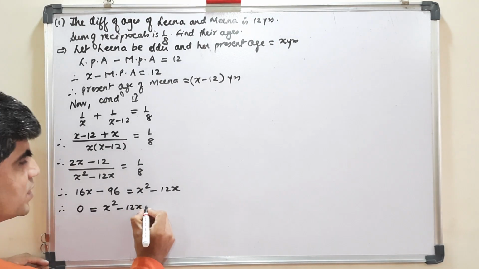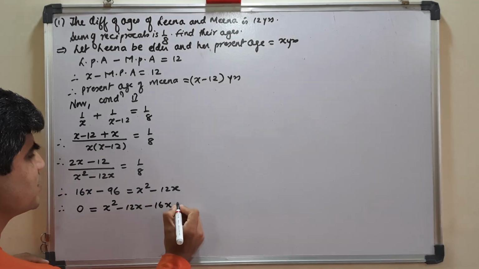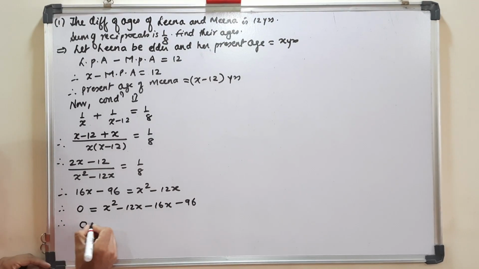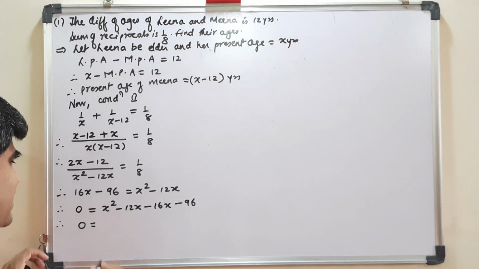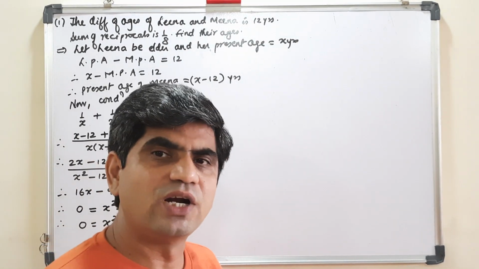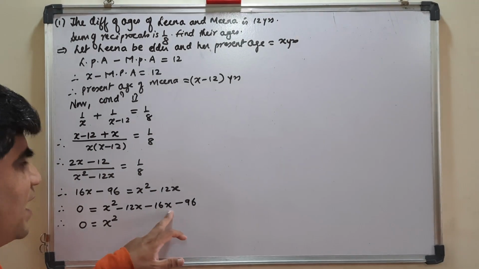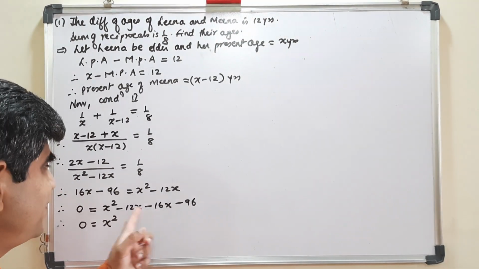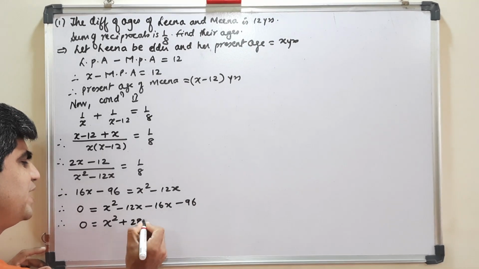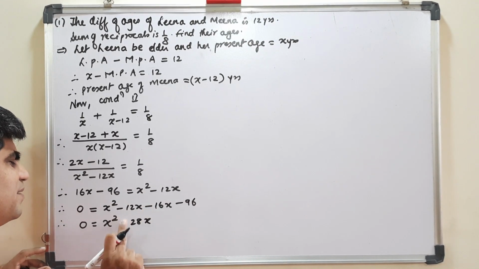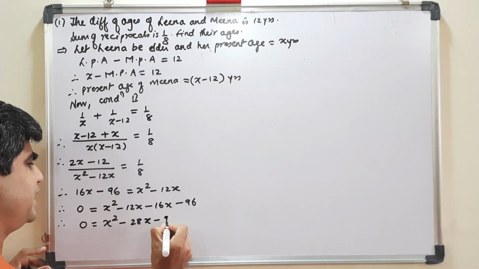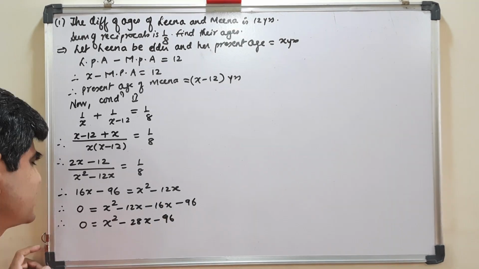So 16x goes that side, minus 16x minus 96. So what I get finally, 0 is equal to x square, because this is the only single term with power 2, and this is a like term. Both have the same sign, so I will add them. That is plus 28x, right? But the sign will be minus, the sign of the larger number. Minus 96.